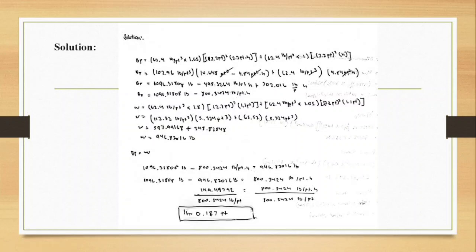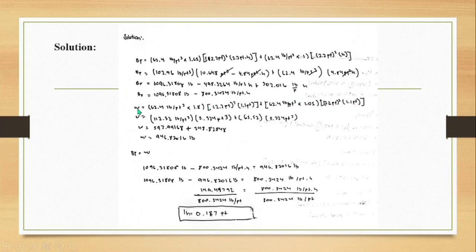So next, bring down and copy 1096.31808 pounds minus 800.3424 pound feet. We get 800.3424 by adding 498.3264 and 302.016.